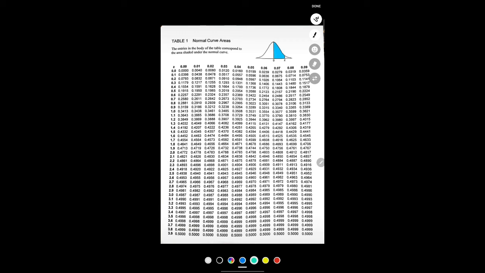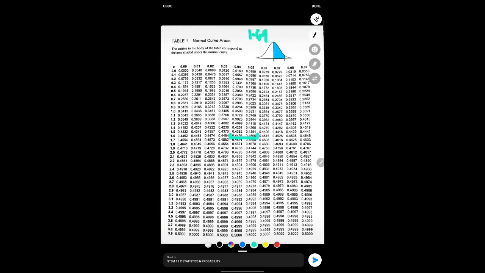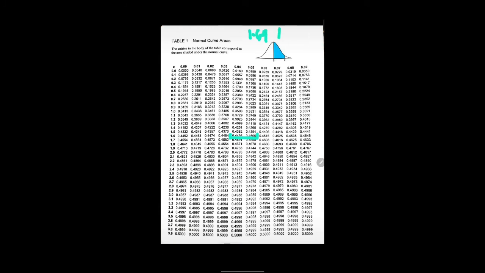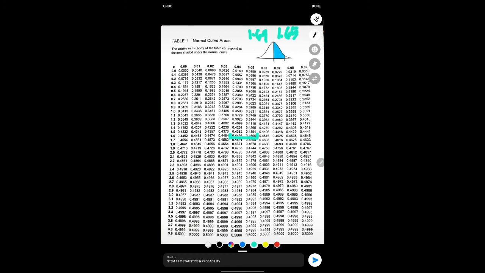Since 0.4500 is between 0.4495 and 0.4505, we will get the two z-scores, which are 1.64 and 1.65.